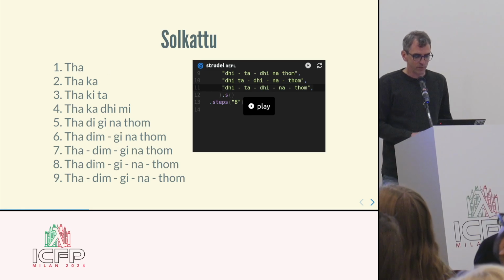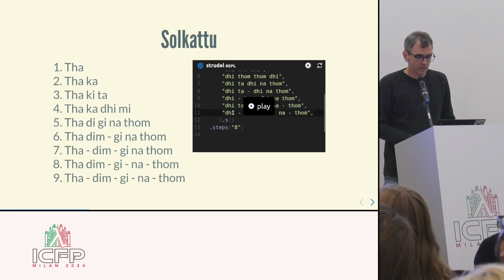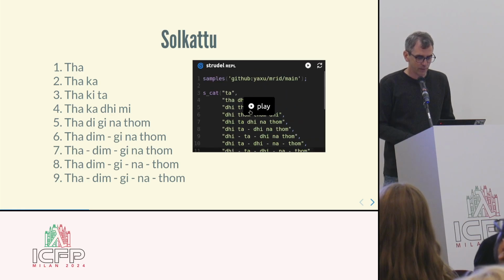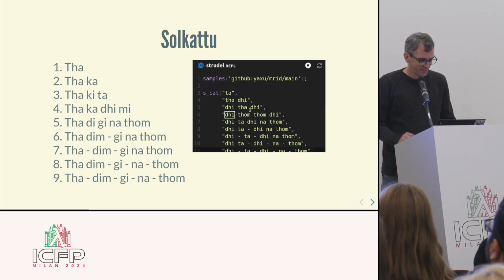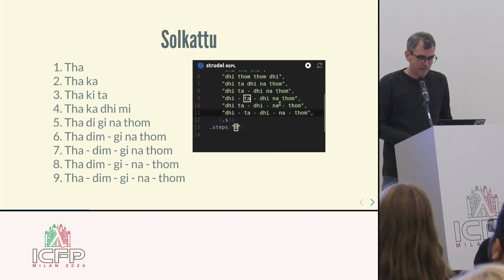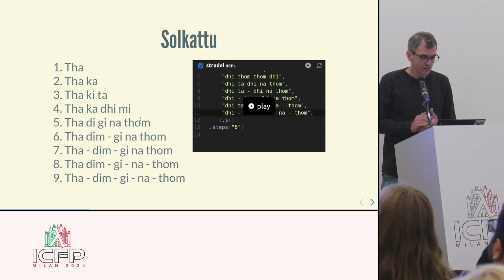These aren't all of them, this is just like a selection. And they kind of relate to the mridangam drum. There isn't a one-to-one mapping, but it sounds something like this. Okay, so that's solkatu.